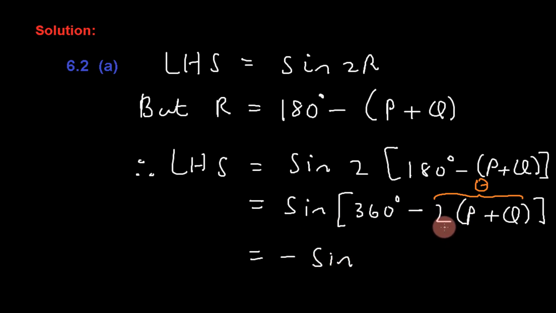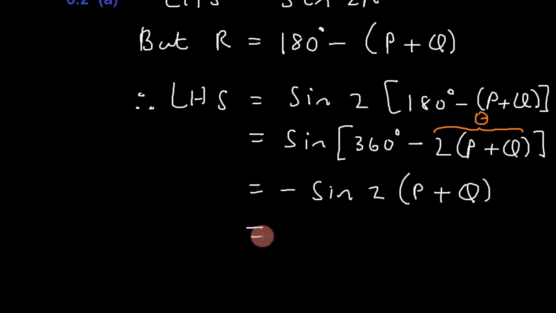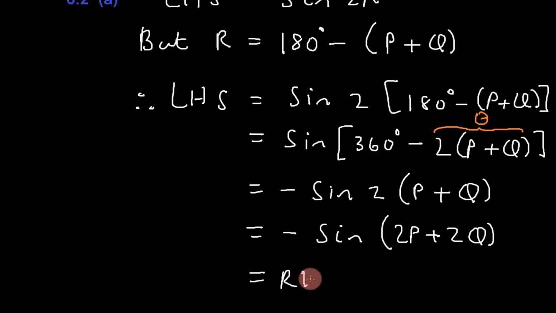In this case, of course, theta is 2 into p plus q. So it's negative sine of 2 into p plus q. The last step here is to multiply the 2 into the round brackets. And this is equal to the right-hand side.